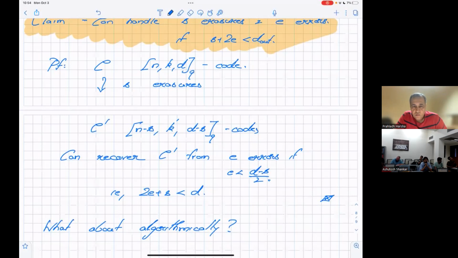Are the questions clear? Firstly, one is stating that you should be able to recover from so many erasures and so many errors. The other is that you have an algorithm that recovers.